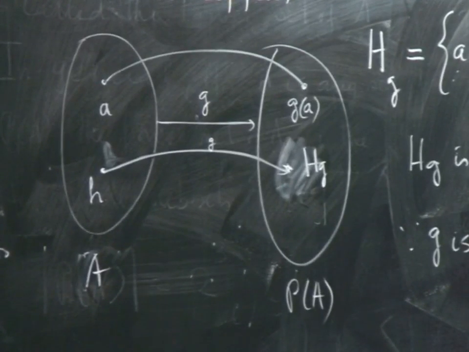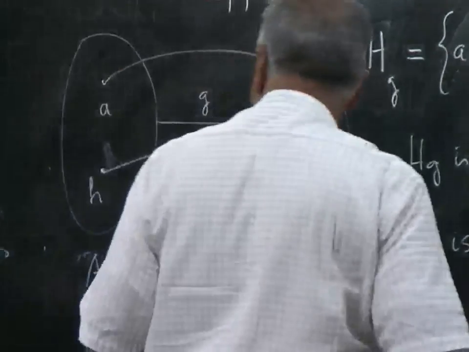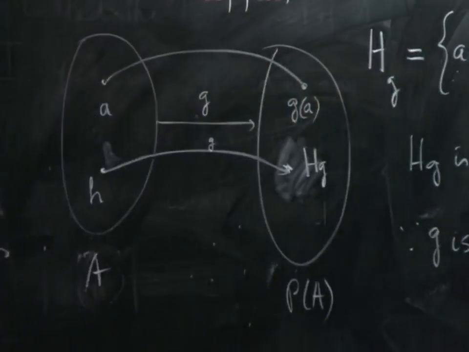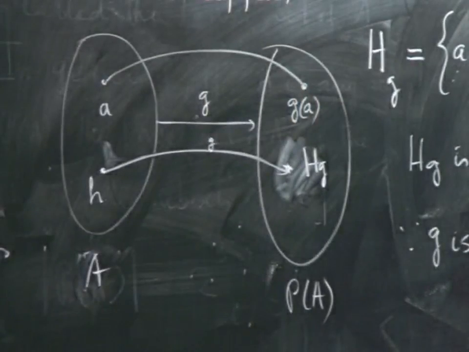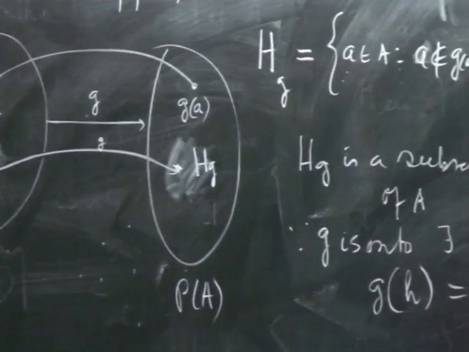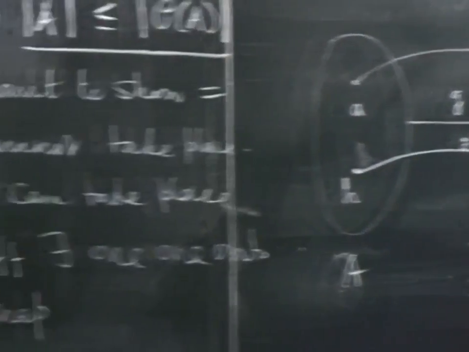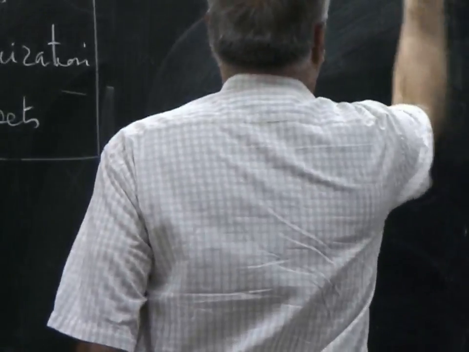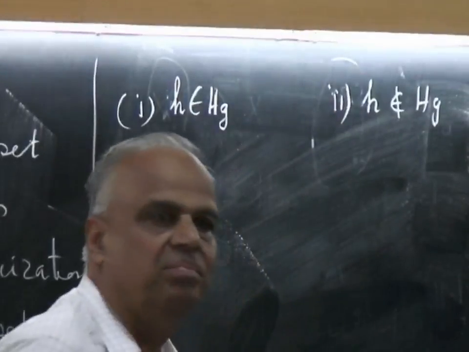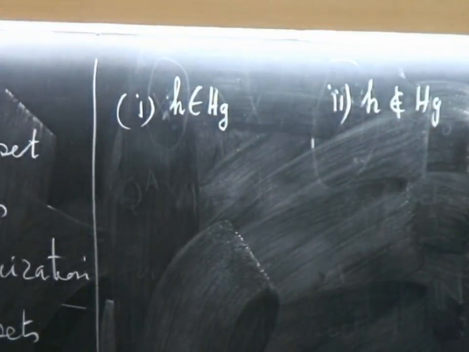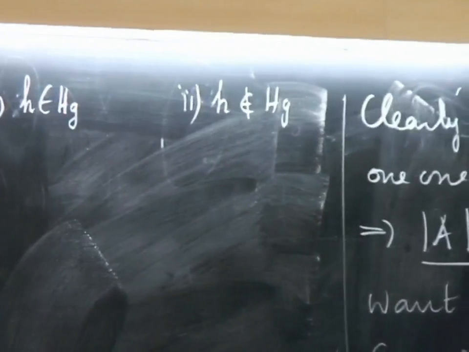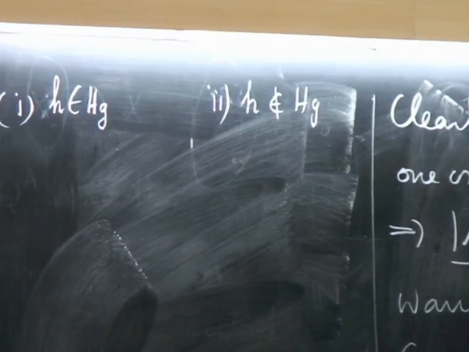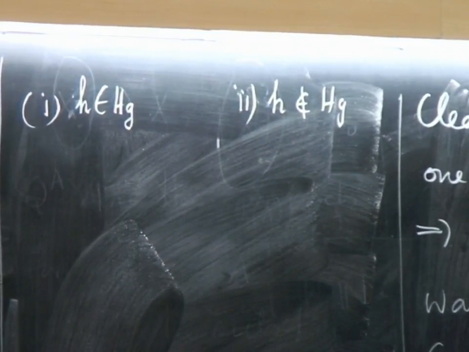See, now the question is, the two possibilities, H may belong to Hg, H may not belong to Hg. H may be outside Hg or H may be inside. Hg is a subset. So, this element H may be inside or outside the subset.